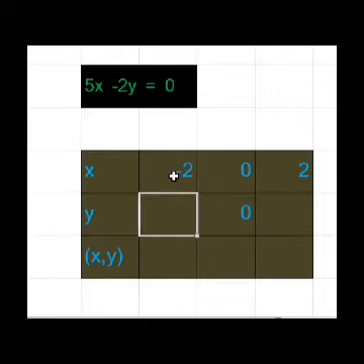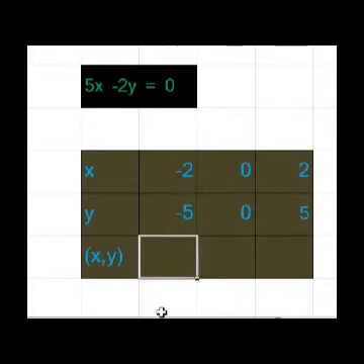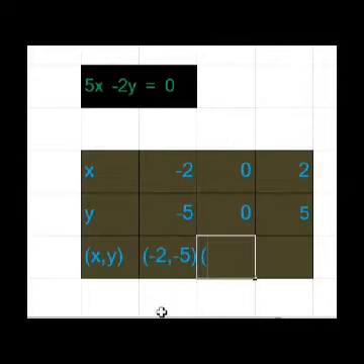The second value of y is found by subtracting the coefficient of x, minus 5. Minus 5, 0, the third value is 5. The table has the bracket minus 2, minus 5; in the second bracket 0, 0; in the third bracket 2, 5.